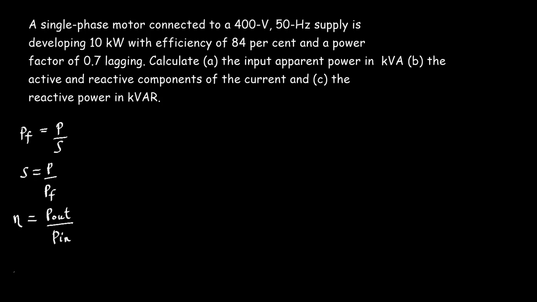So the power input, which is the active power, is equal to power output over the efficiency, which is 10 kilowatts divided by 84%.